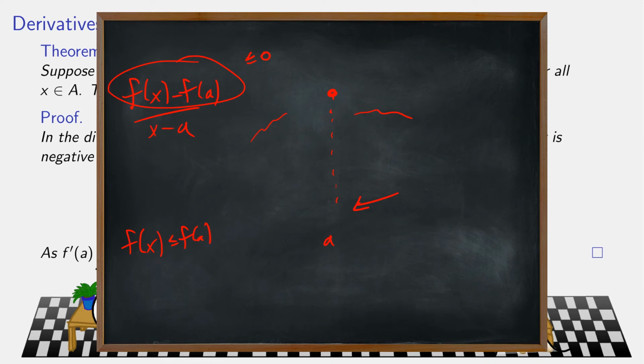But if x is approaching a from above, then this denominator is bigger than or equal to 0. But if I'm approaching it from below, the denominator is less than or equal to 0. So overall, my difference quotient is bigger than or equal to 0 for x less than a, but it's less than or equal to 0 for x bigger than a.